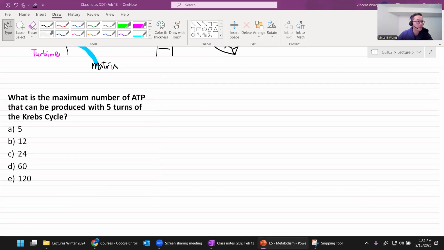This is way more advanced than using your fingers in class. Just choose something. You have to count all the NADH and the FADH2 as well, because those are going to move on to the ETC and make ATP as well.